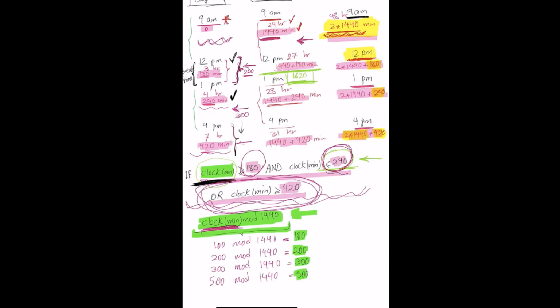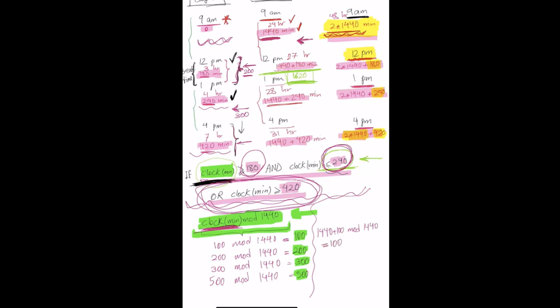So the simulation time is going to return 1440 plus 100. And I'm still going to use mod 1440. So what do I get out of this? This will return 100 for me, right?